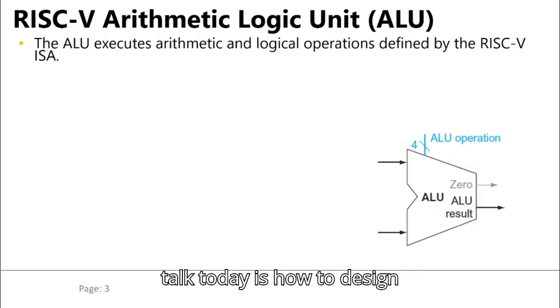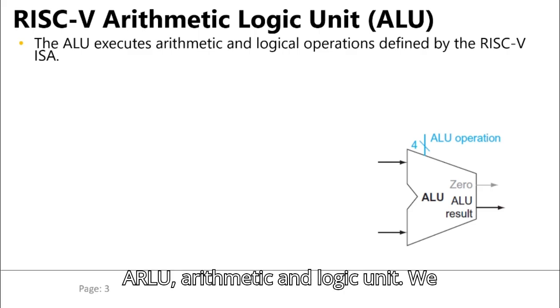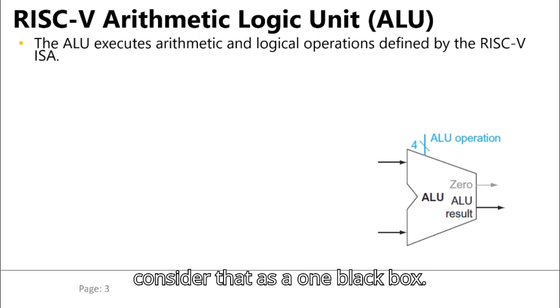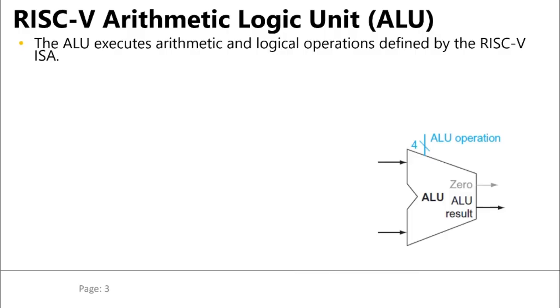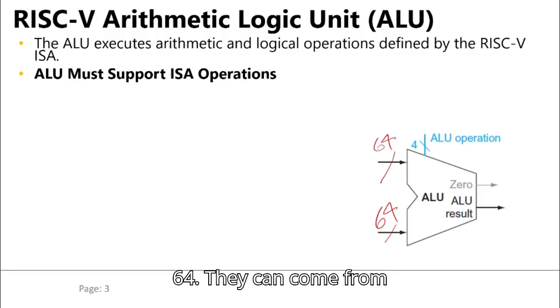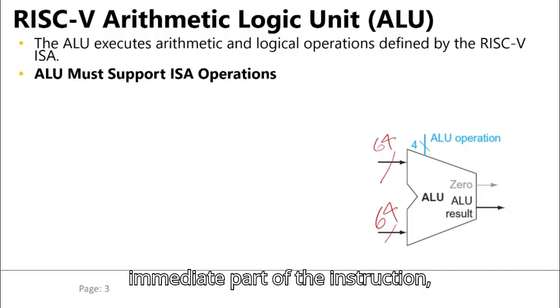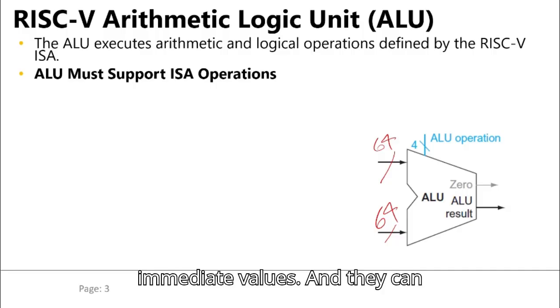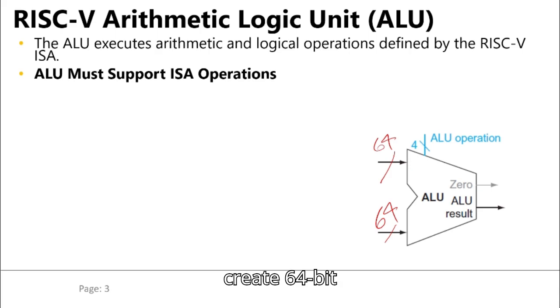What we're going to talk about today is how to design the ALU, arithmetic and logic unit. We consider that as a one block box. It gets some input for our architecture, 64-bit, 2 inputs, 64. They can come from registers, or they can come from the immediate part of the instruction, immediate values, and they can create a 64-bit output.